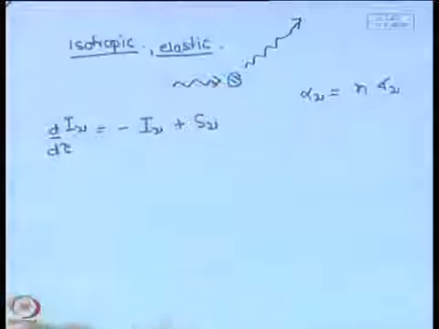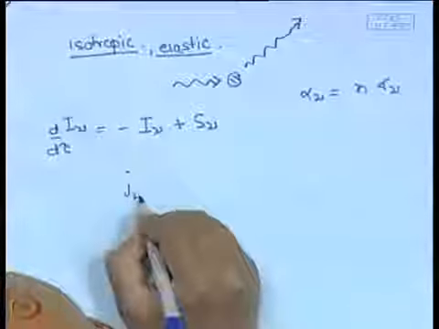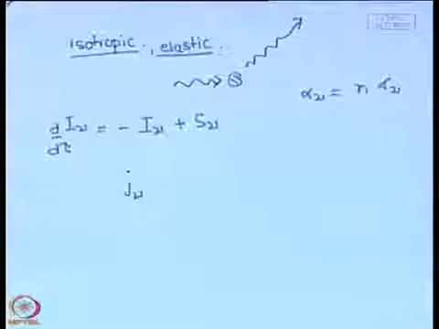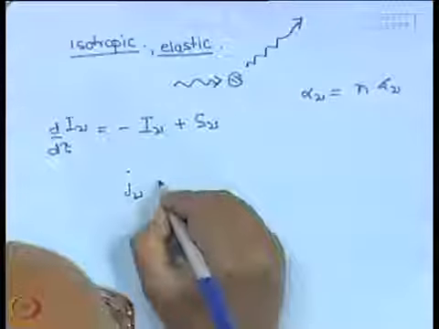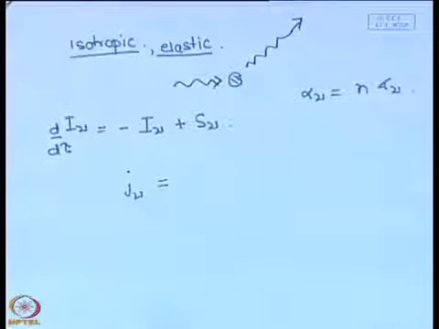Okay. So, let us ask what is the emissivity, the emission coefficient J nu. The emission coefficient we can calculate, that is the radiation emitted per unit volume in a certain direction. Okay.